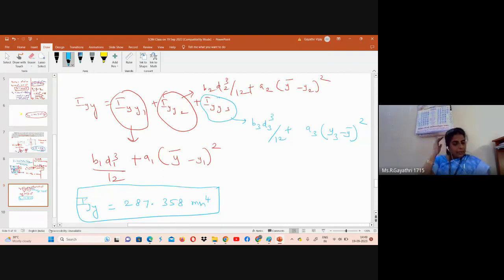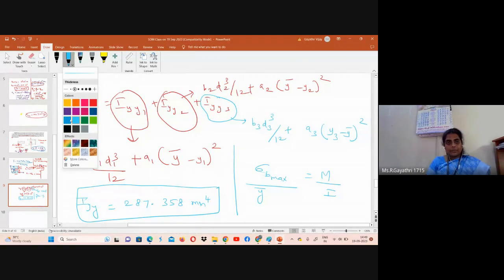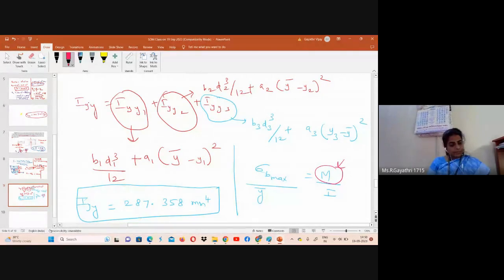In this question, maximum bending moment is given. Only we need to find the stress. So here y means y bar. We know the equation. Sigma B max by y bar is equal to M by I. M value is 40 into 10 power 6.